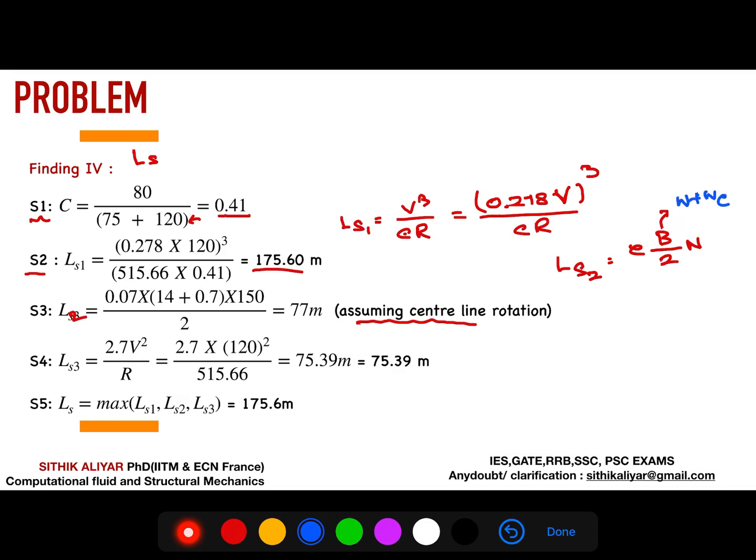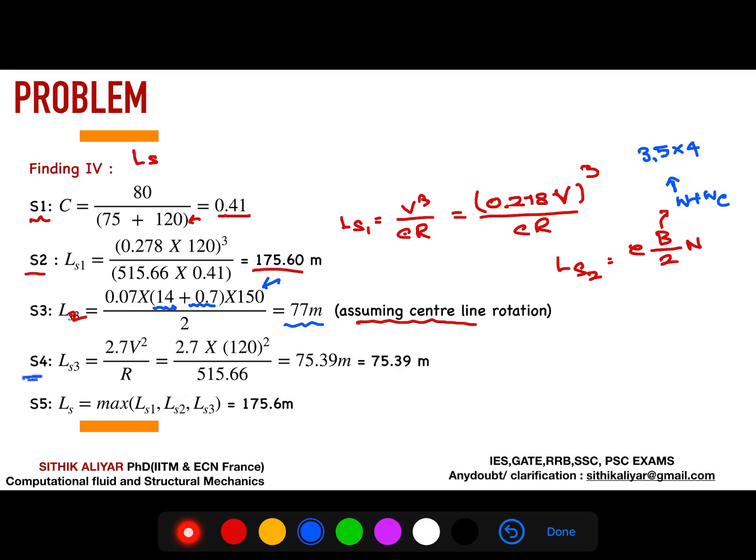If you remember, total widening for 4 lane road is 3.5 meter into 4, that's why I got 14 meter here. And extra widening, the previous finding we found is 0.7. Adding both, you will get the B value, and N, rate of attainment of super elevation, that 150 is here. Okay, so it's very simple. You multiply, do the calculations here, you will get 77 meter.